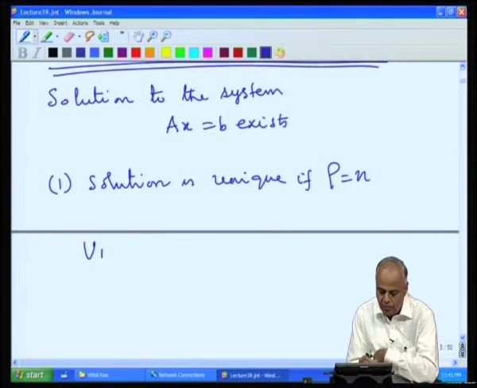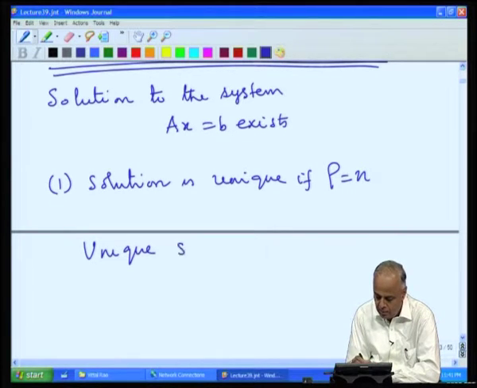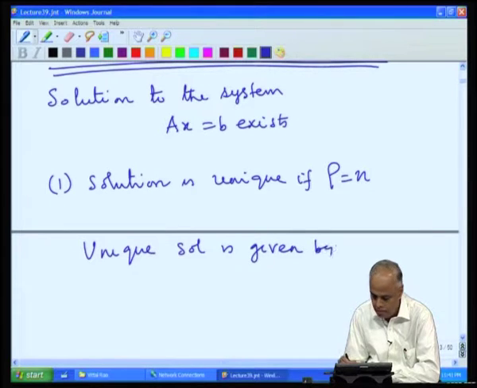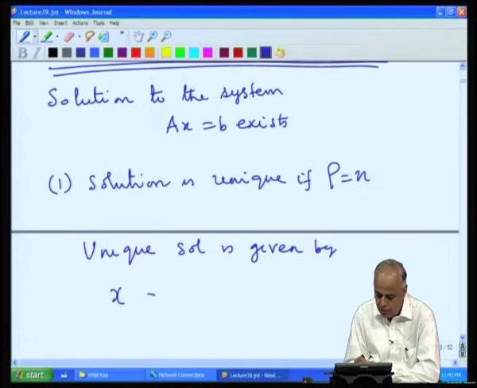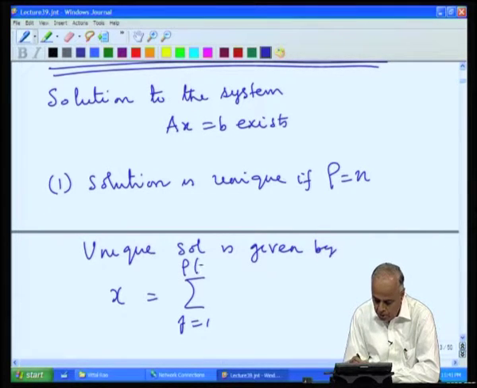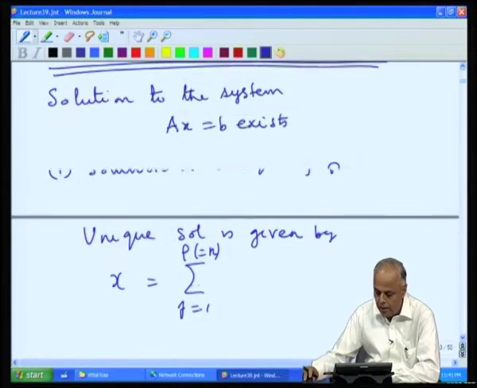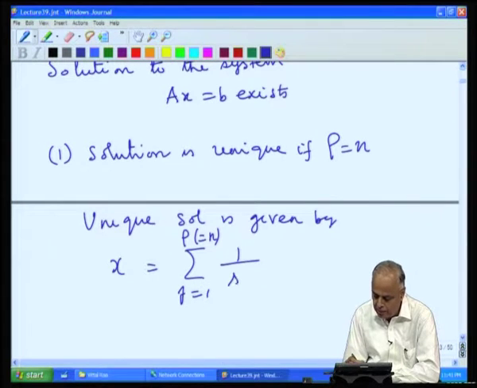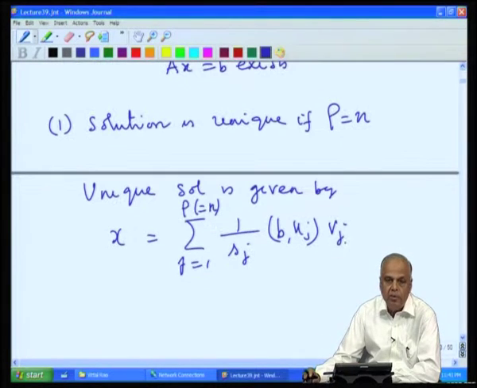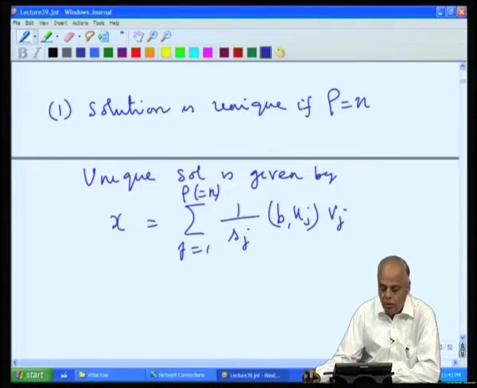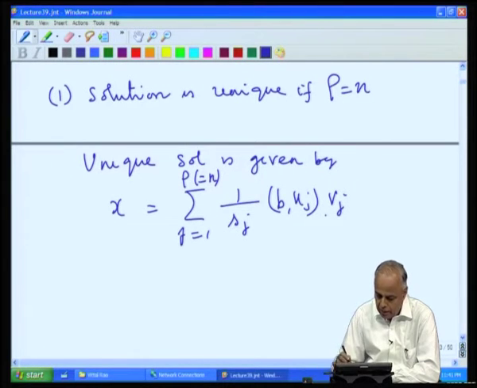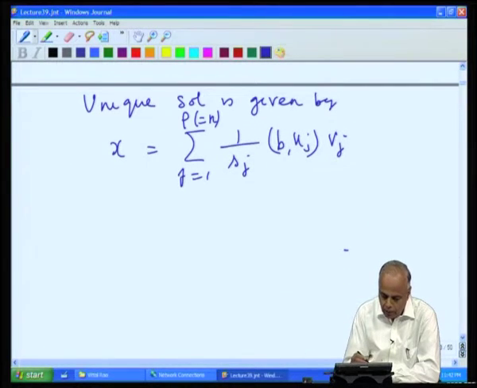The unique solution in this case is given by x equal to summation j equal to 1 to rho, where in this case rho equal to n, (1 by s_j) <b, u_j> v_j, where s_j's, as we mentioned above, are the singular values of the matrix A.